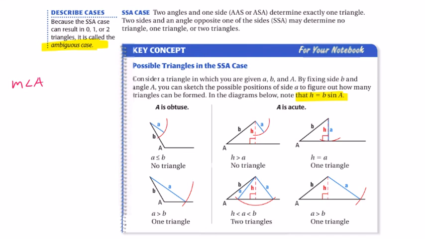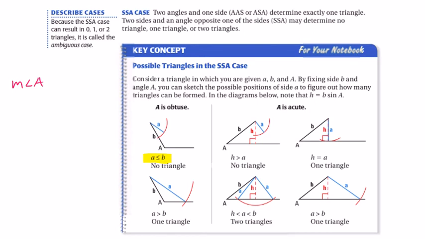Okay, so consider the case that A is obtuse. Let's go ahead and talk about when A is obtuse. If A is less than B, no triangle can be created.